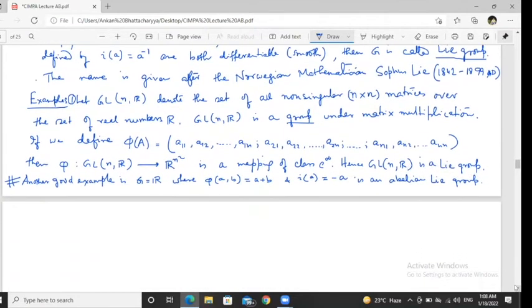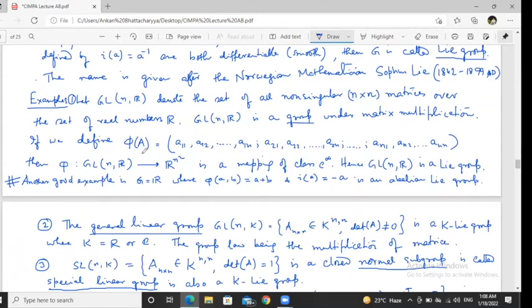If we define for a matrix A, phi(A) in this way, there are n square components. So phi from GL(n,R) to R^(n square) is a homeomorphism, and this is an n square dimensional differentiable manifold. GL(n,R) is a Lie group.